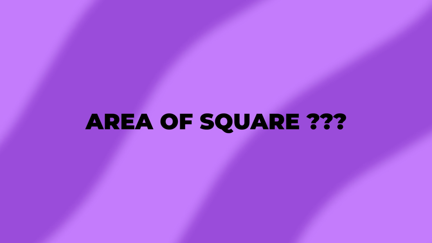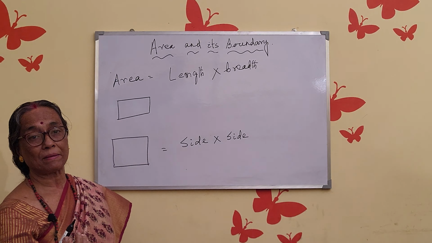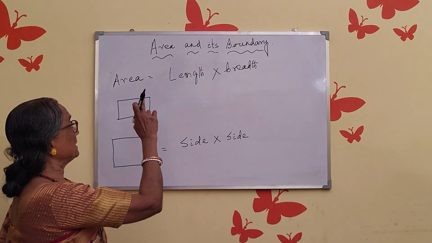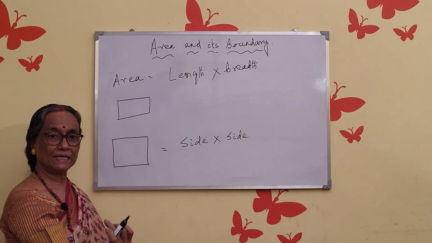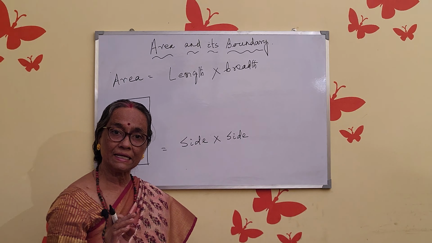Similarly, area of a square is side into side. It is a two-dimensional measure. Now, what unit we have to use? In perimeter, we have to use the linear unit, but here in area, while we are finding out the area of the shape, we have to use the square unit.